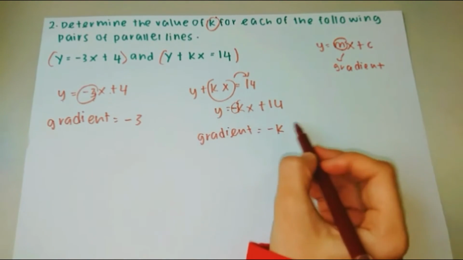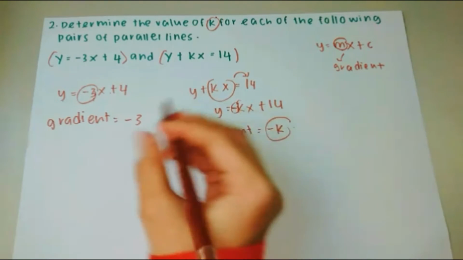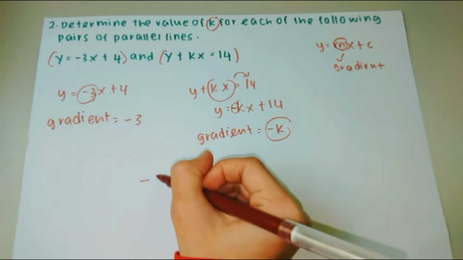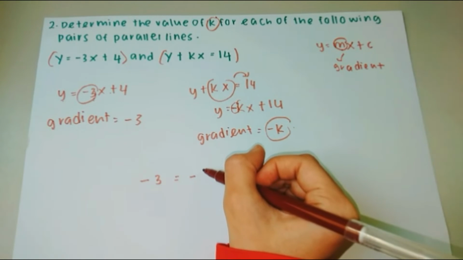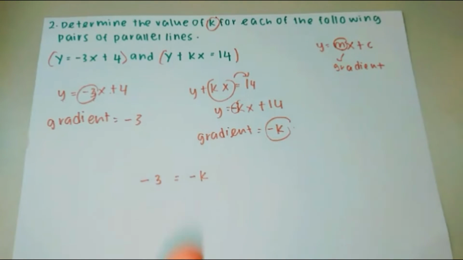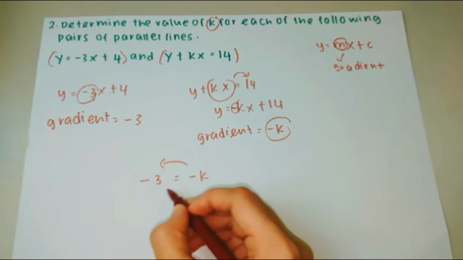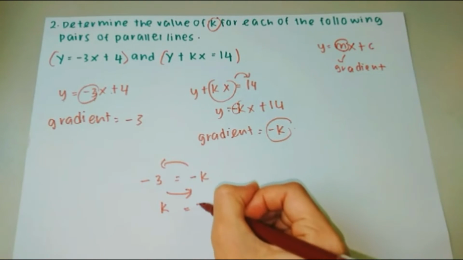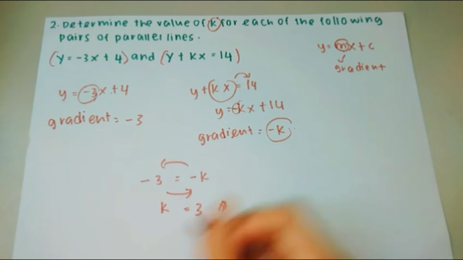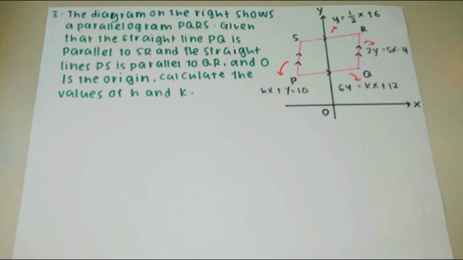Based on the instruction, we have to find the value of k. So, next step is we bring the negative 3 equal to negative k. We just have to switch it like this, and it will be positive. k equal to 3.